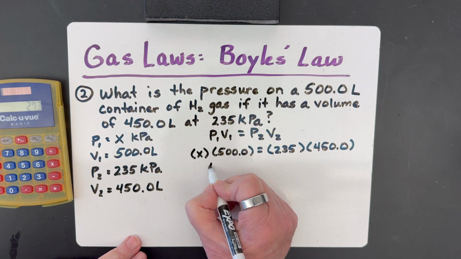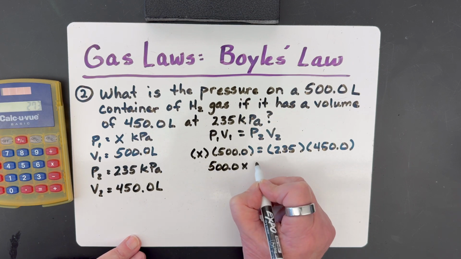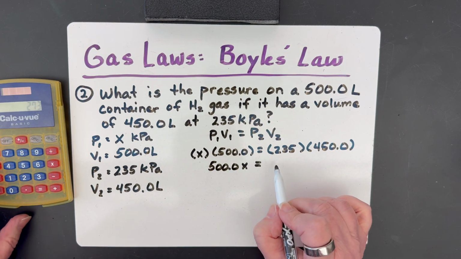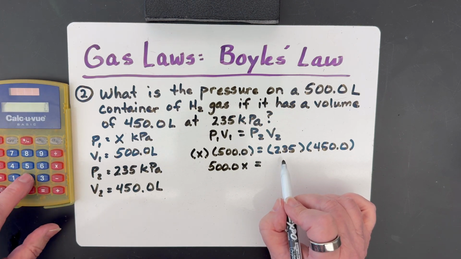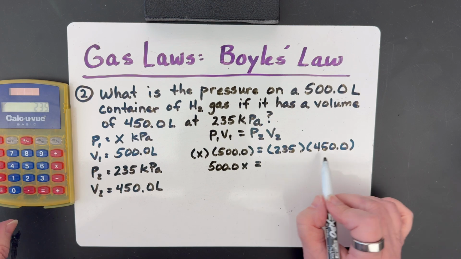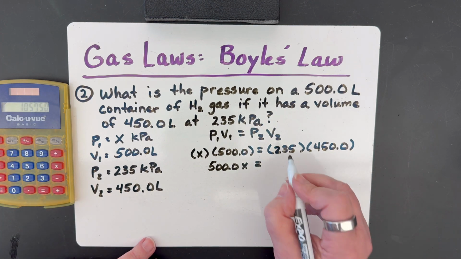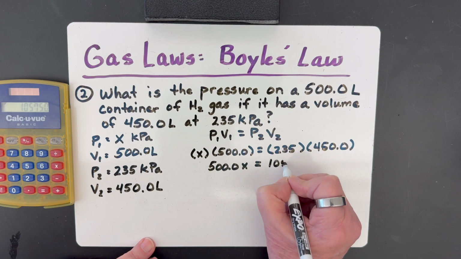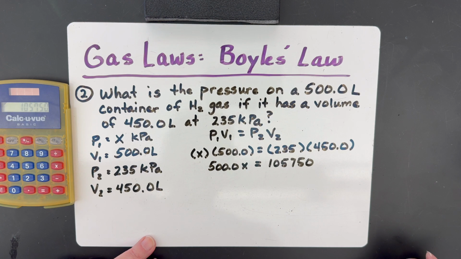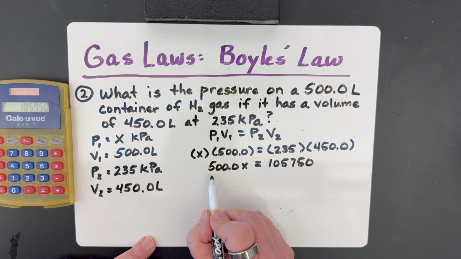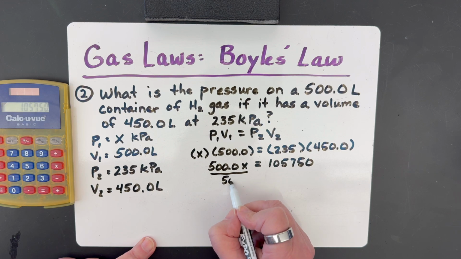So on this side, we have 500x. On this side, we have 235 times 450, which is 105,750. Now to get the x by itself, since it's 500 times x, I need to divide by 500.